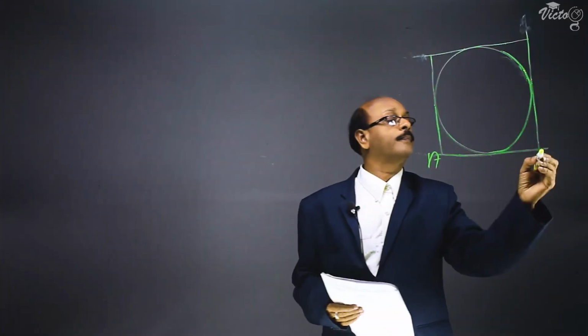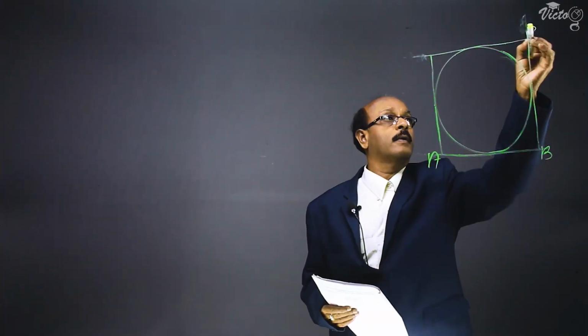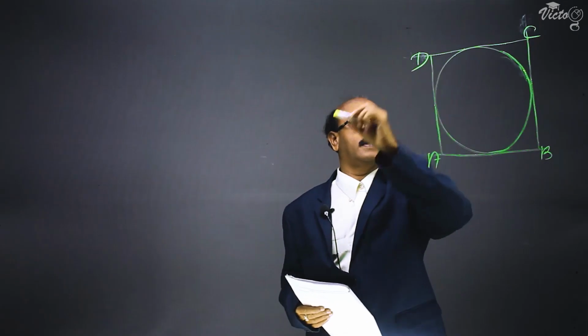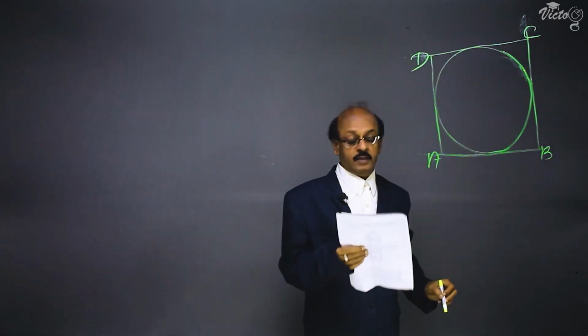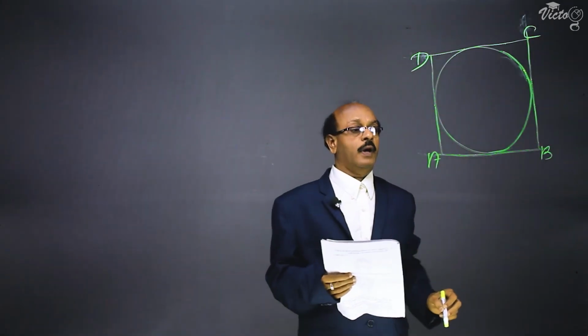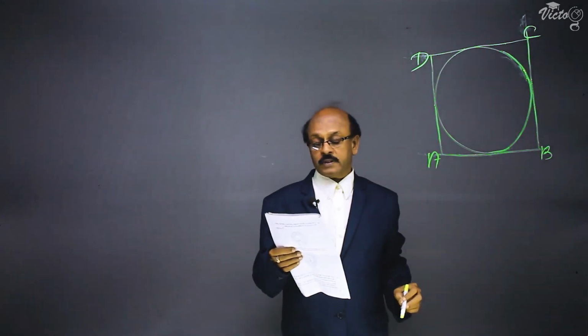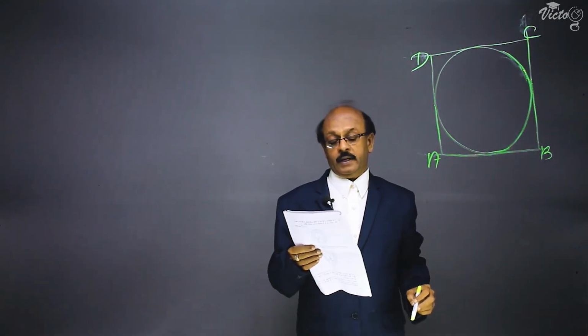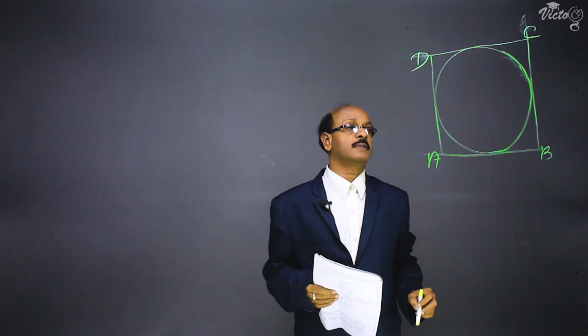Here is a circle which touches all the four sides. Here it is A, B, C, D, quadrilateral ABCD. Now we have to prove that opposite sides AB plus CD is equal to BC plus DA.